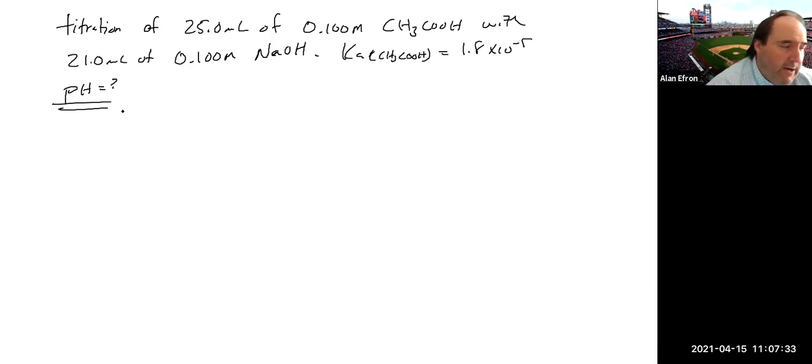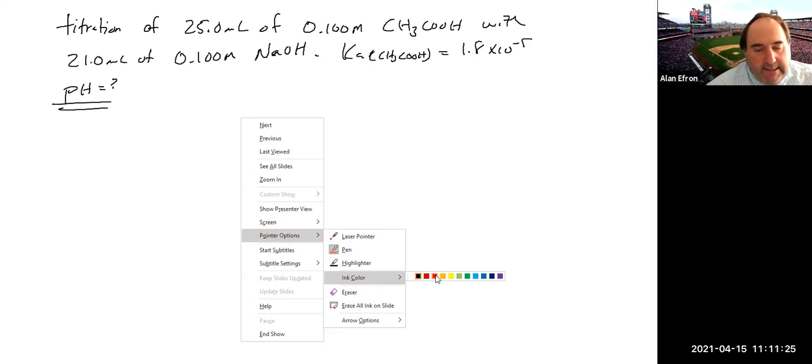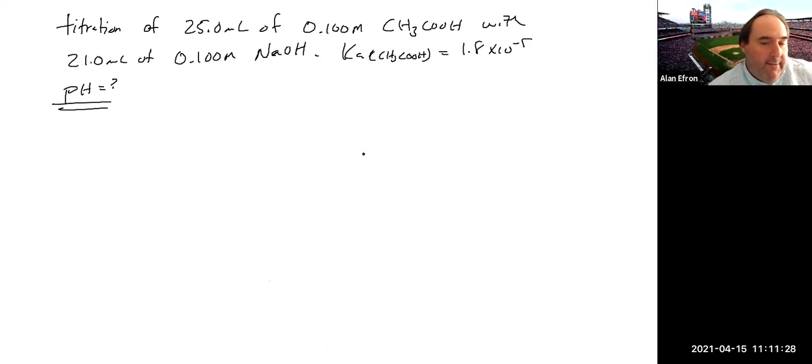Same idea here. We're adding the sodium hydroxide to the acetic acid. So take a couple of minutes to see what you come up with. Obviously, we're doing a titration, and there's a lot of information in the problems, as we've been talking about as we go through these chapters. It's important to understand what's going on and what's happening.